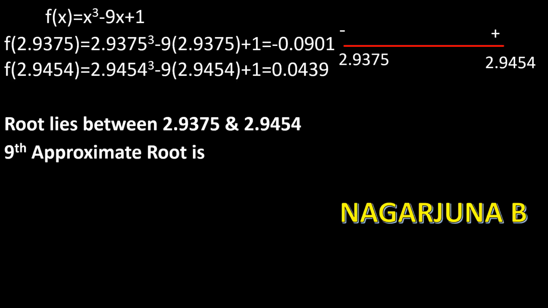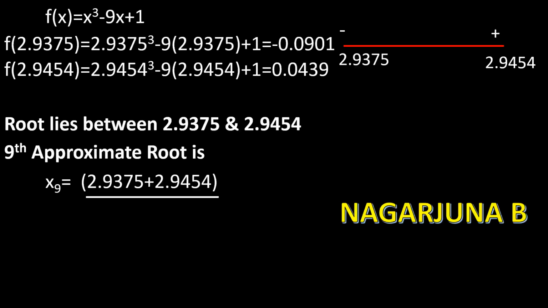The 9th approximate root uses the same formula, x is equal to (a plus b) by 2. Here a is 2.9375 and b is 2.9454. Therefore x9 is equal to 2.9375 plus 2.9454 divided by 2, and it gives the value 2.9414.